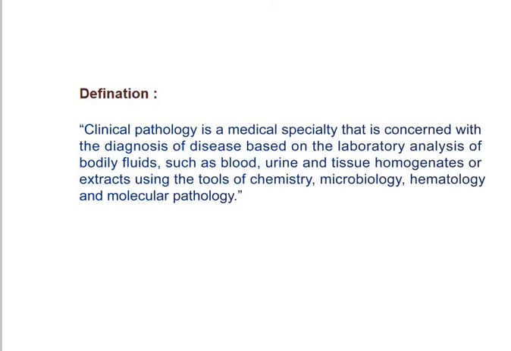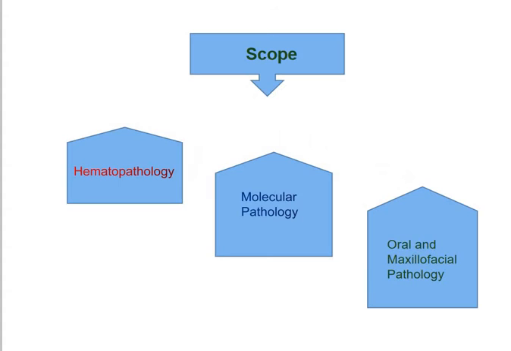So, here pathology is the study of disease and therefore forms a central part of medicine. A sound knowledge of the pathology of a disease allows the clinician to understand its symptoms and signs, potential complications, the basis of its treatment and its likely course. Now, come to the next, that is the scope of clinical pathology.